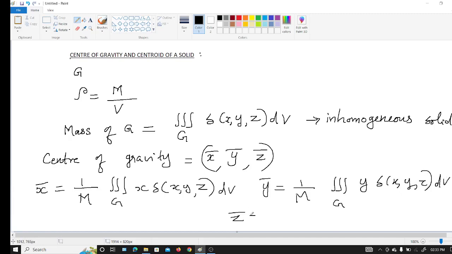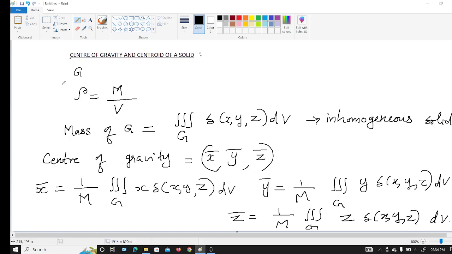Similarly, z bar equals 1 by m times the triple integral over G of z delta(x,y,z) dV. So this is for an inhomogeneous solid.